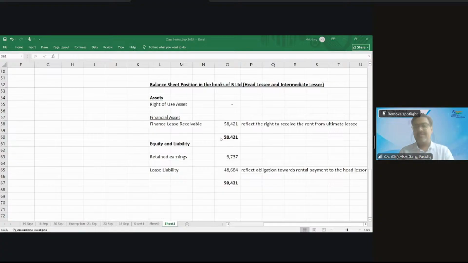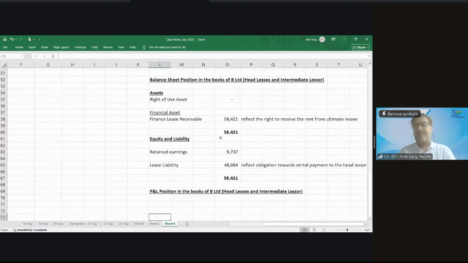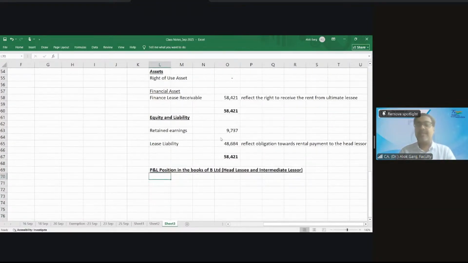So it is clear. And what is the P&L position? What is the P&L position in the books of B Limited? This is the balance sheet position. How will the P&L look? हम finance lease में हमने क्या किया था? Interest income. Like finance liability, like lease liability, you are charging an interest cost.